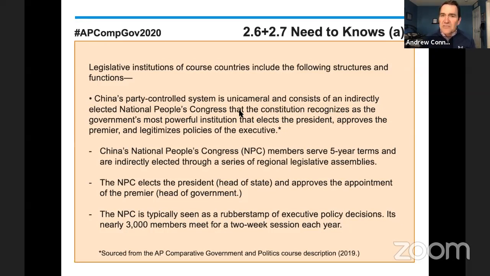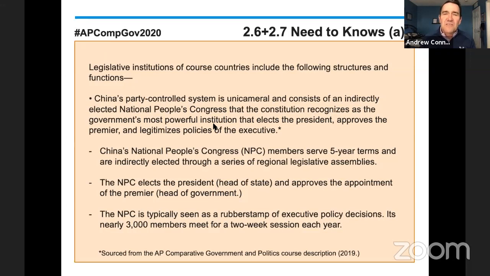Nonetheless, the legislature plays the same function as legislatures in almost every country: it approves and legitimizes policies, and writes laws. We know the executive pushes out these policies, but it's up to the legislature to sign off.